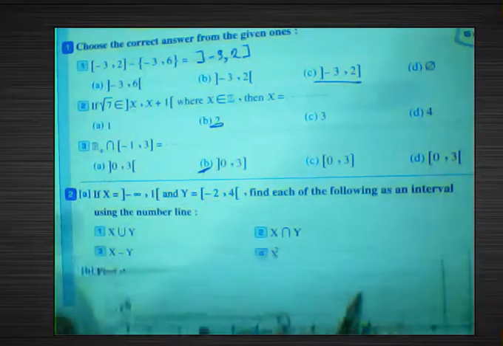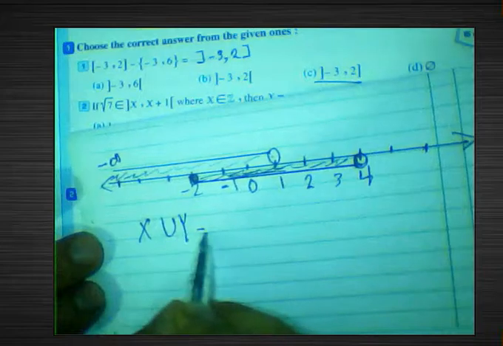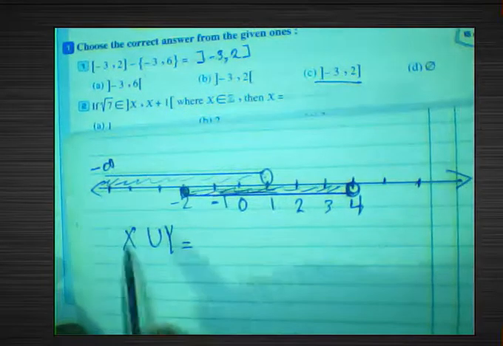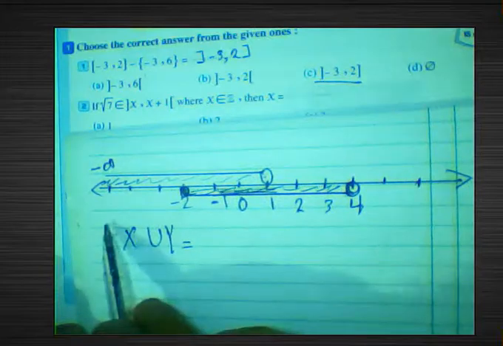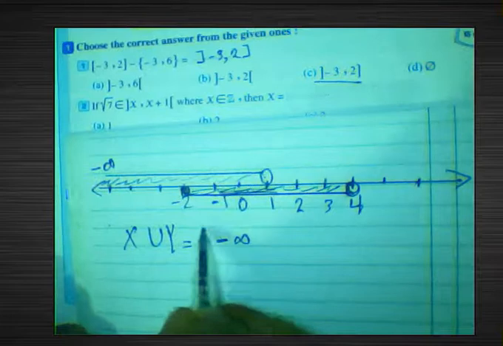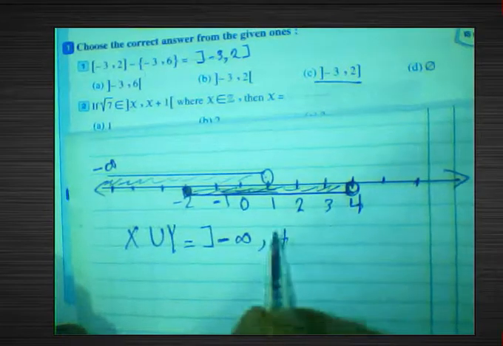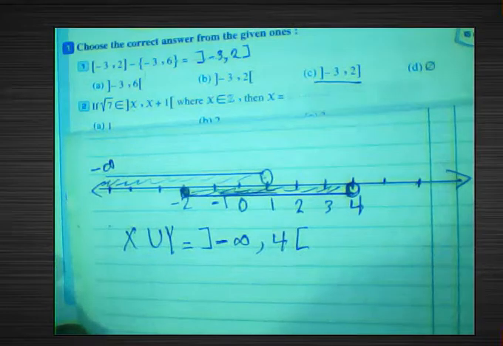First, we can find the union between x and y. The union between the two intervals, from left-hand side to right-hand side, -infinity. We will open it, to 4 open. So number 1.